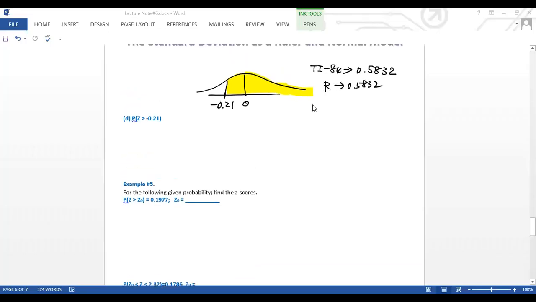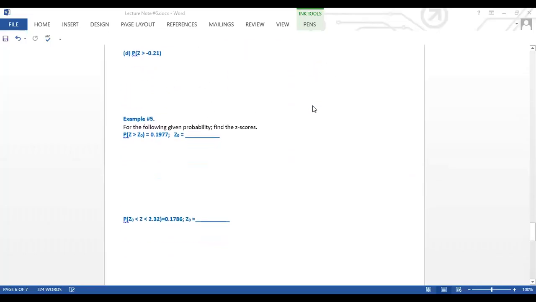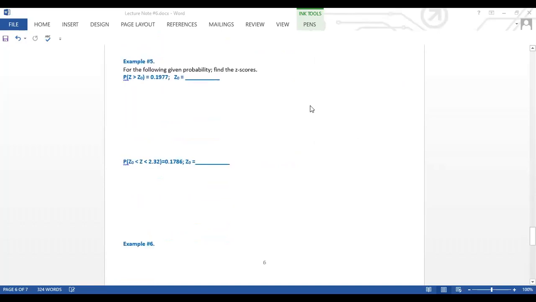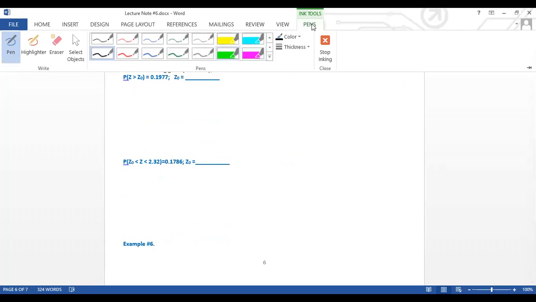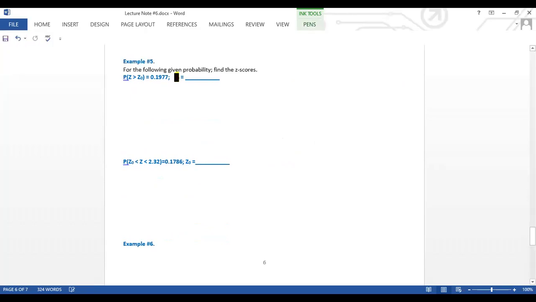We did the previous problems in lecture video number 3. Now, for this problem, I'm looking for the z-score. The probability that z is greater than z0 is 0.1977, and I want to find z0.